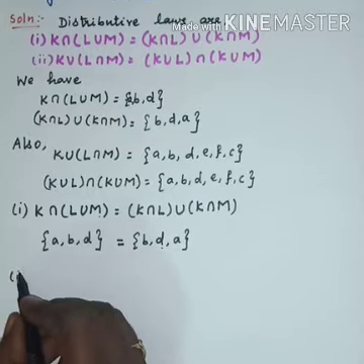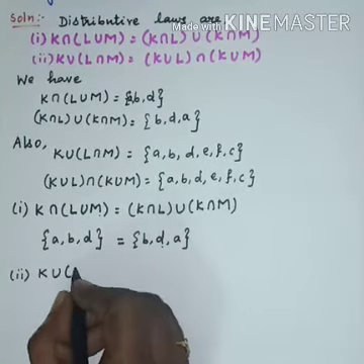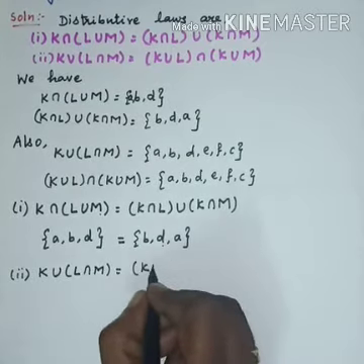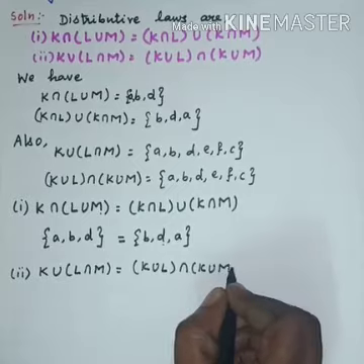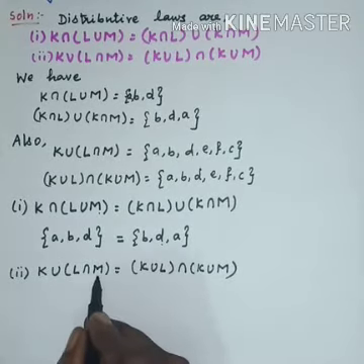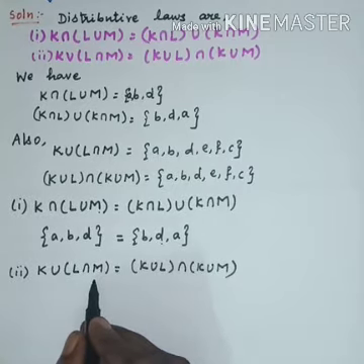And then what is the second law? The second law is K union (L intersection M) is equal to (K union L) intersection (K union M). So what is the value for K union (L intersection M)? This we also already found in the subdivisions of the second sum.